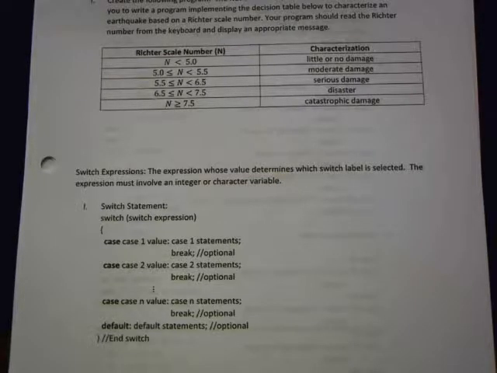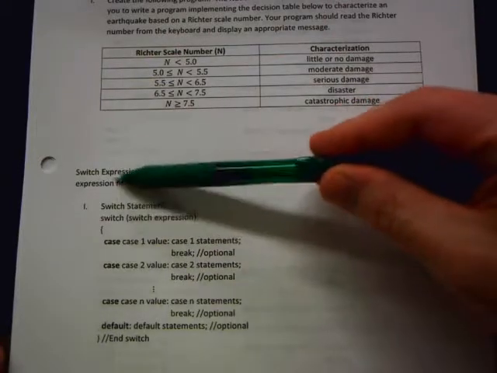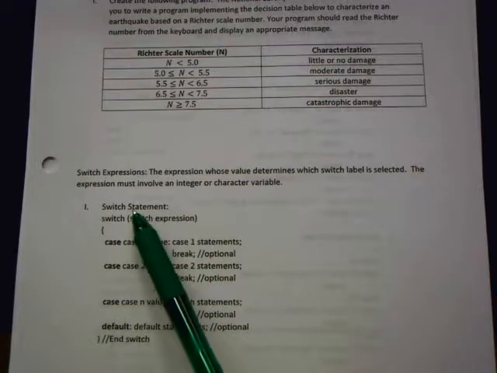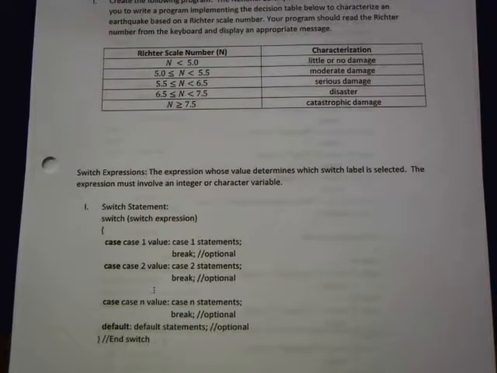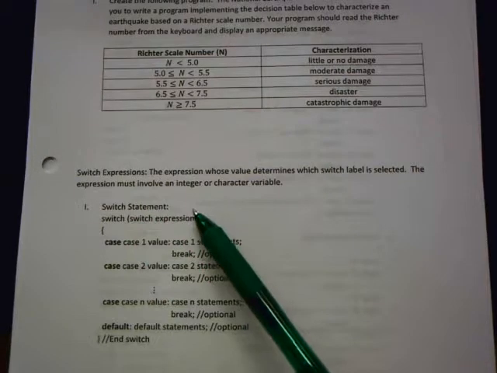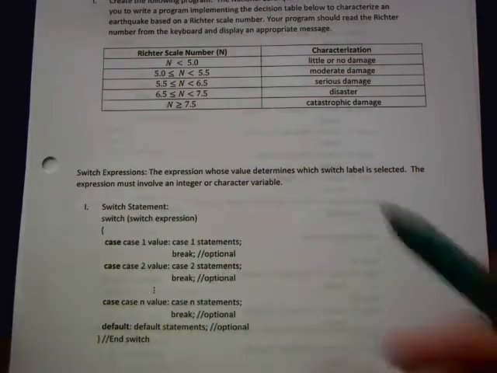All right. So the way a switch statement looks, up above, we would have a variable defined up above here. And then you're going to have the word switch with a parenthesis, and you'll have an expression in there. So this switch expression will usually be a variable name. Usually.